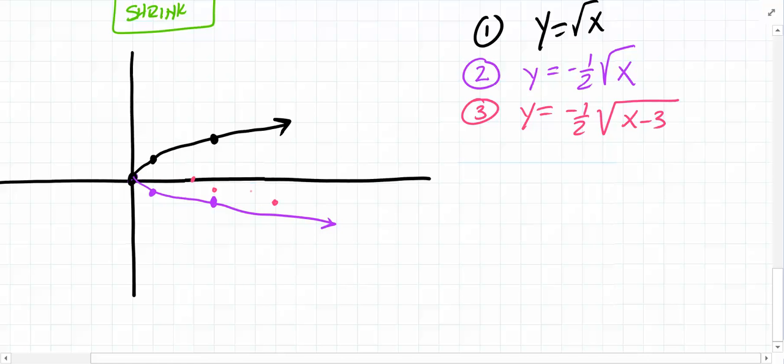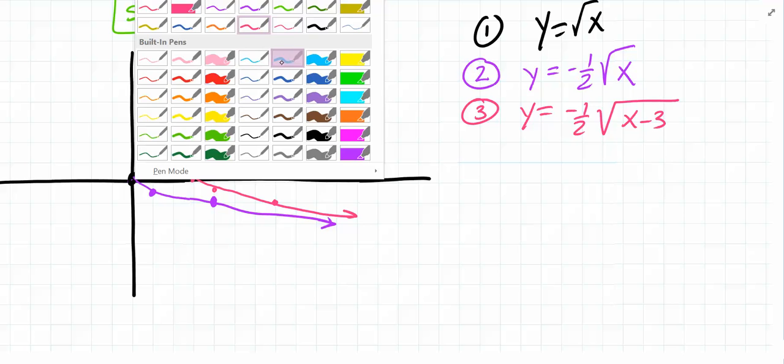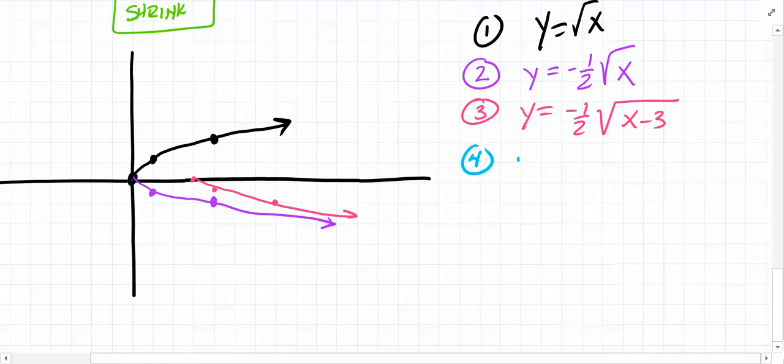This is way more interesting. And then finally, I'll pick a different color, like baby blue here, and we'll do the whole entire thing: negative 1/2 square root of x minus 3, plus 1. Yes, the whole entire thing. Every red dot goes up 1 unit, and this dot goes up 1.